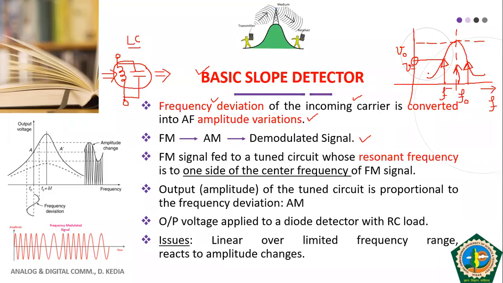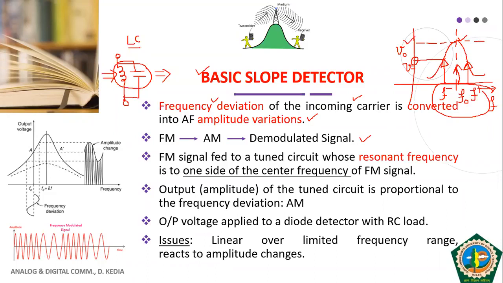Again, my output will be reduced if I move in the positive direction of the center frequency, that is your resonant frequency. So try to understand here what is happening. I am changing the frequency of the signal. At resonant frequency, I am getting maximum voltage.